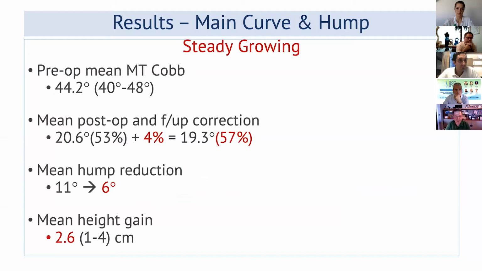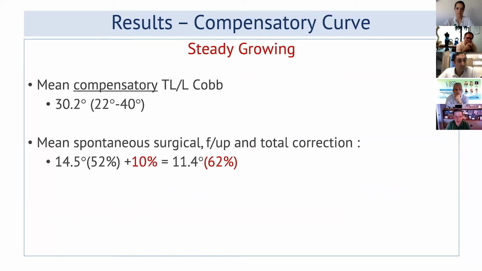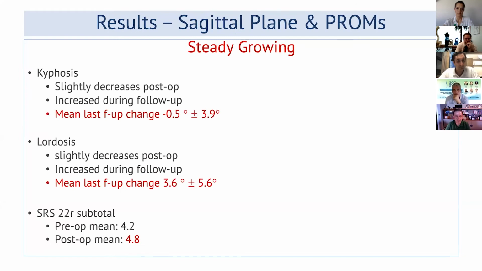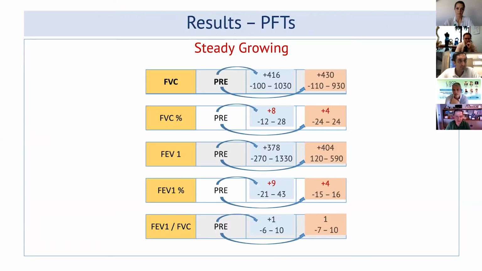And again, in the hump reduction, we were able to get a 50% correction, and they got some height growth as well. And looking at the compensatory curve, again, we were able to get a 62% spontaneous correction in the thoracolumbar and lumbar curves. And again, in the sagittal plane, we had some kyphosis restoration.